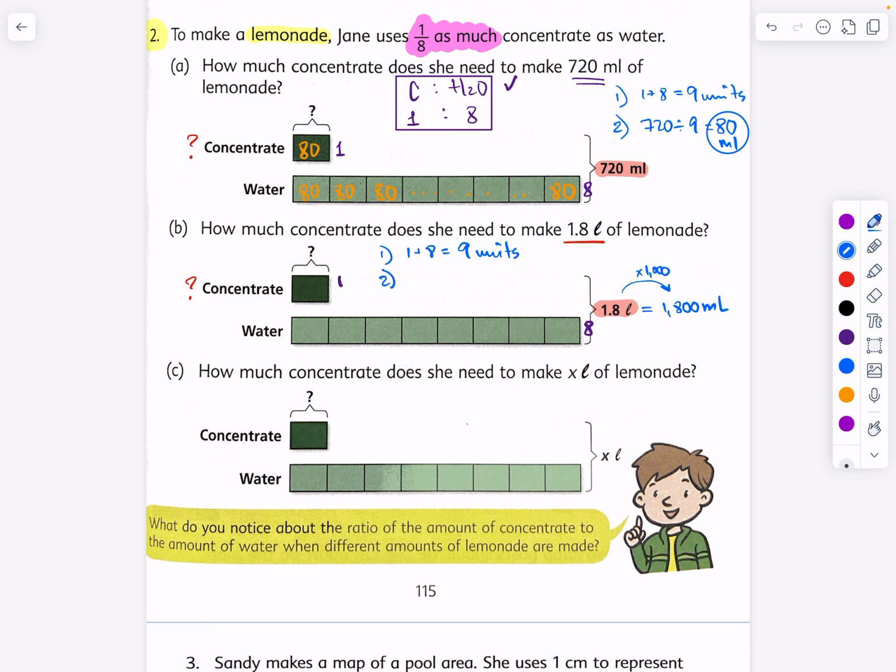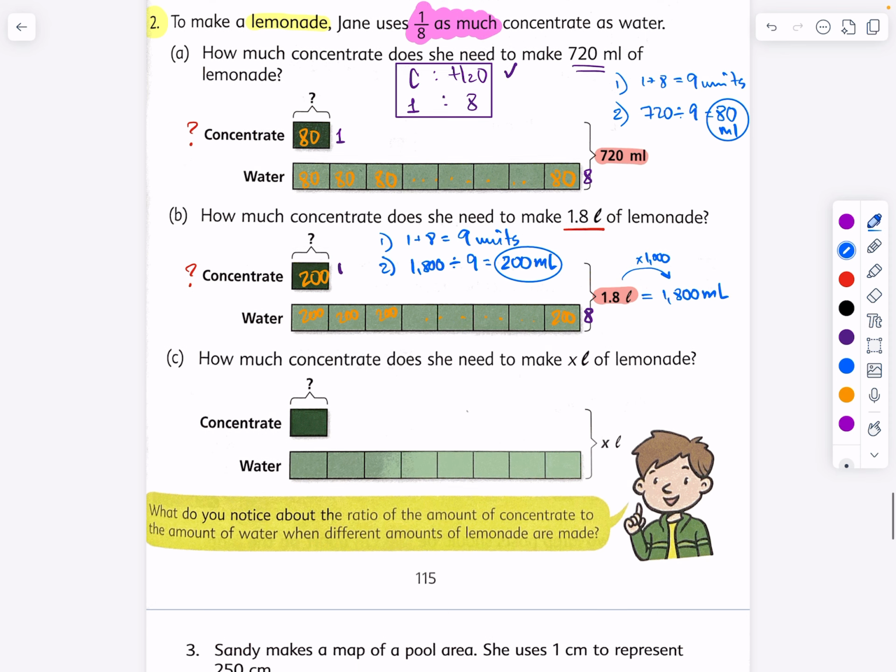And step 2, 1,800 divided into 9 equal parts. Each part will have 200 milliliters. Let's label it. For this recipe, we need 200, 200, 200, and so on. So how much concentrate does she need now? She needs 200 milliliters of concentrate for this recipe.